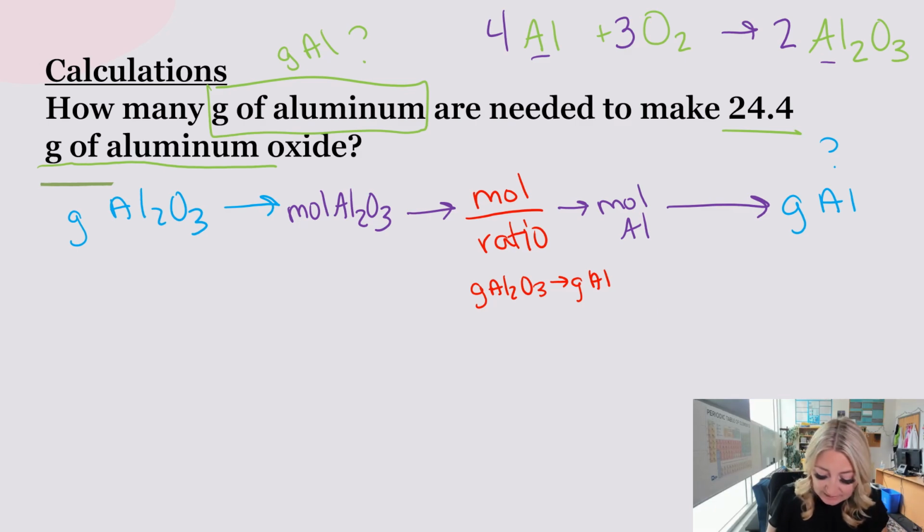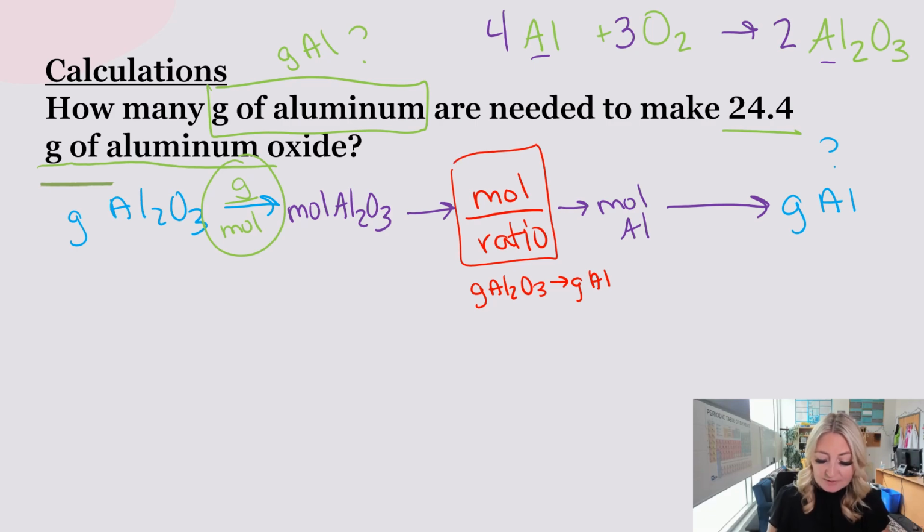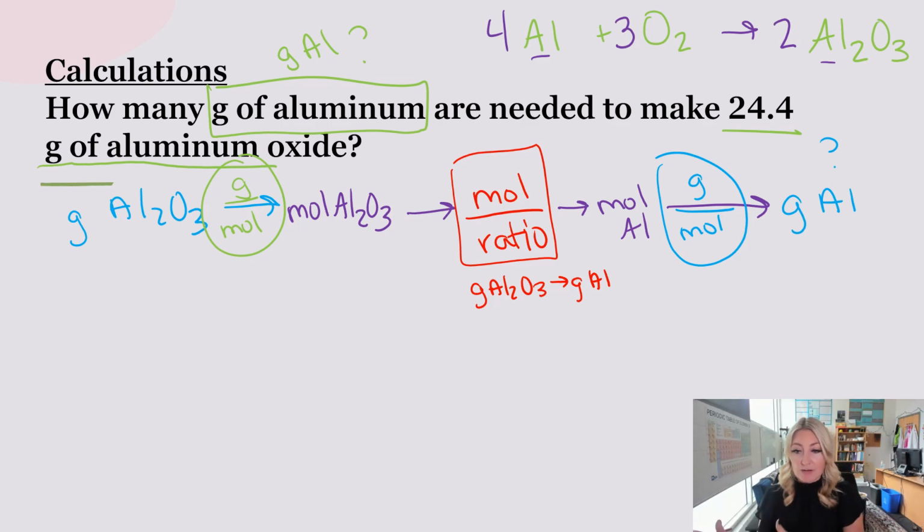So just looking at this, I know I'm going to need to use my molar mass here to convert. That's one conversion factor. I am going to, this isn't actually a conversion factor. Your mole ratio is the conversion factor to get from moles of one substance to moles of another. And then finally, I am going to need, again, my grams per mole, my molar mass, to convert from moles of aluminum to grams of aluminum.